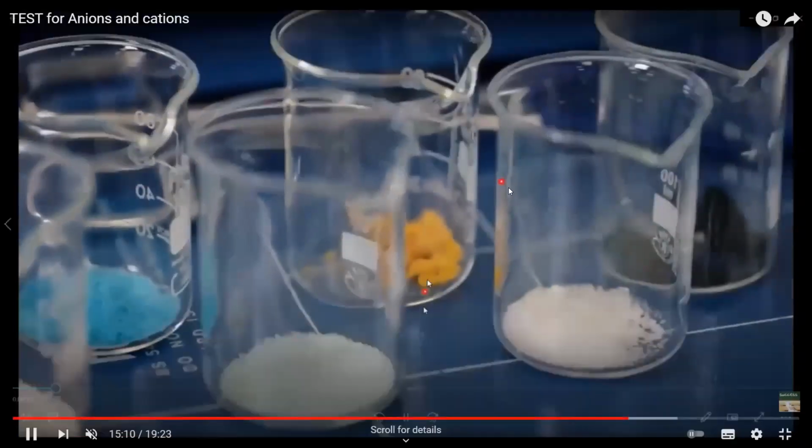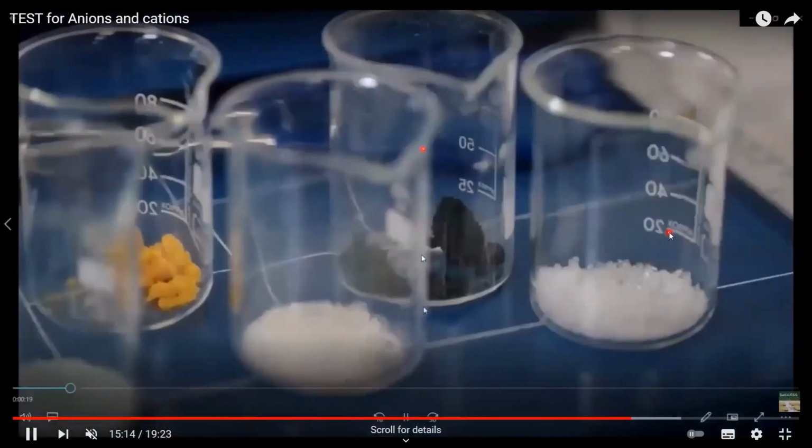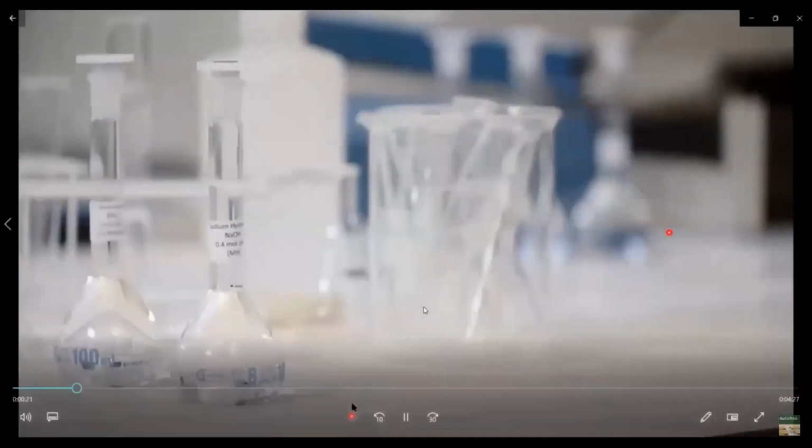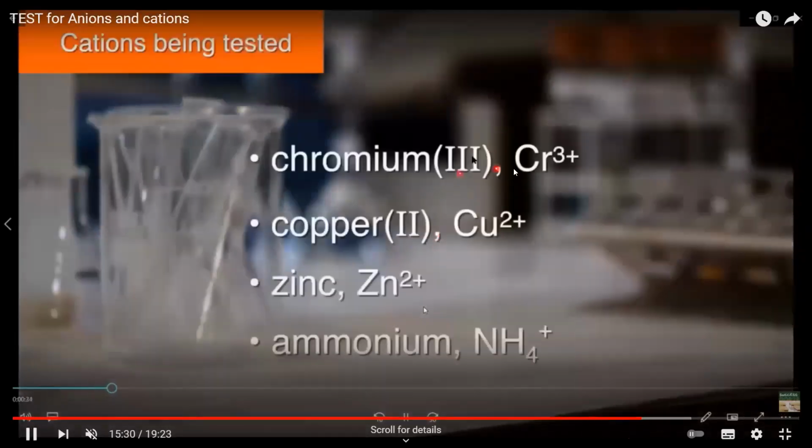Some of the salts are colored, meaning there is a transition element, and some of the salts are white, meaning these are group 1, 2 or 3 salts. First we make a salt solution, and to the salt solution we add sodium hydroxide. For example, here we want to check chromium, copper, zinc and ammonium. So how can we test?